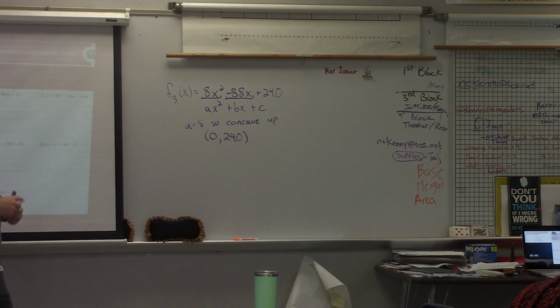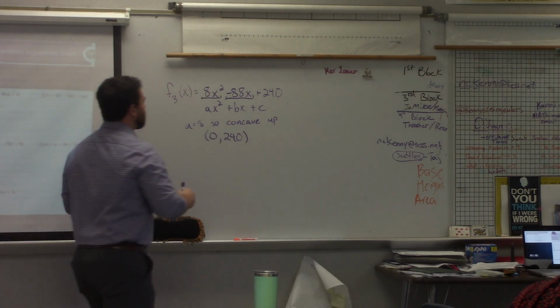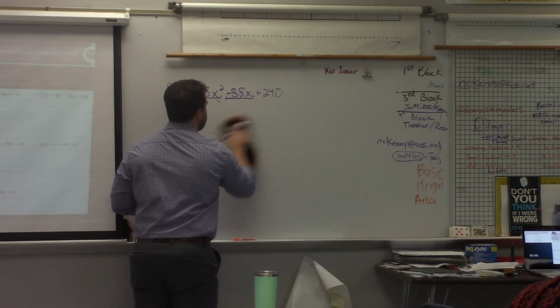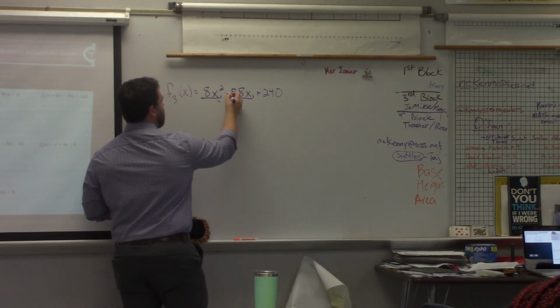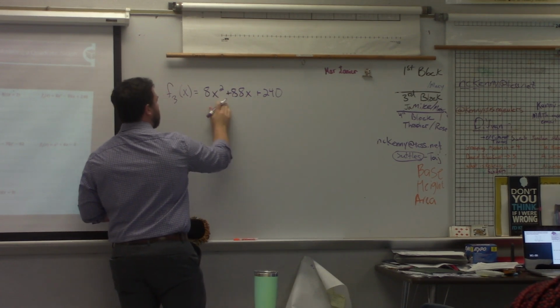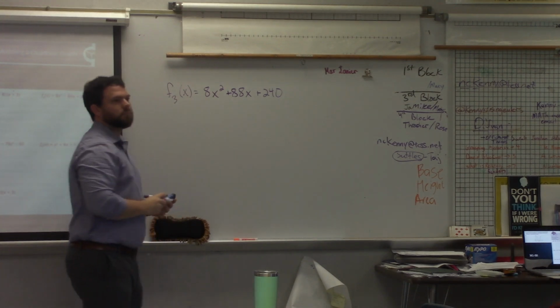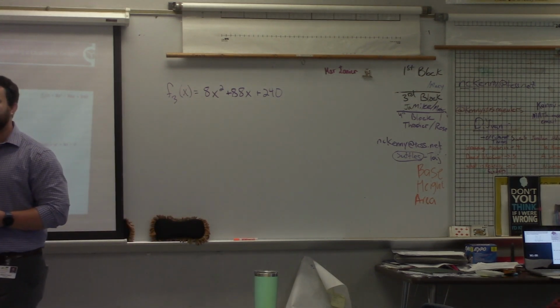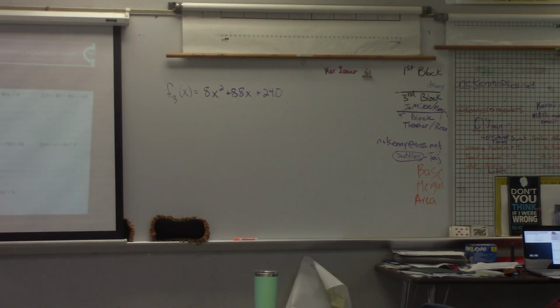Now, I'm good with all that. Let me ask you this. Let's say I change this one detail about this. Would this quadratic work? Notice instead of a minus 88x, I made it a positive 88x. Would that work?